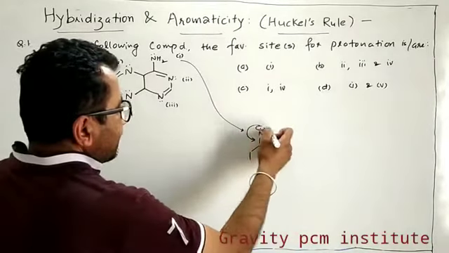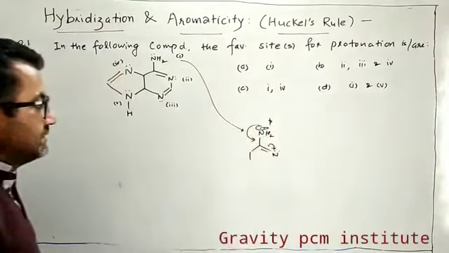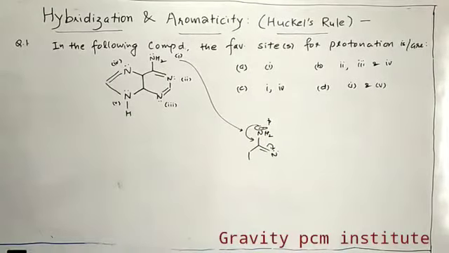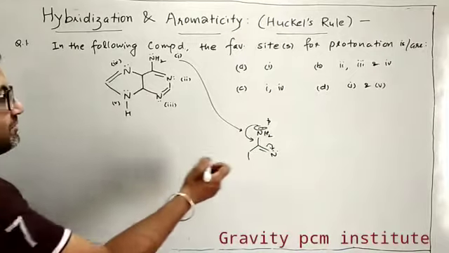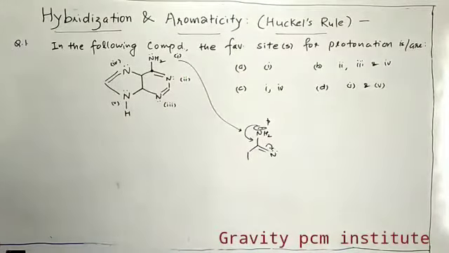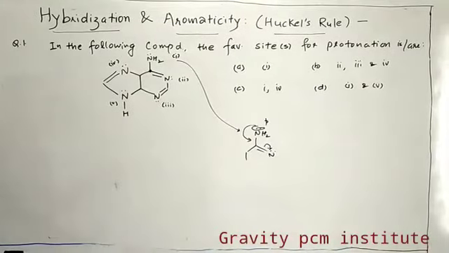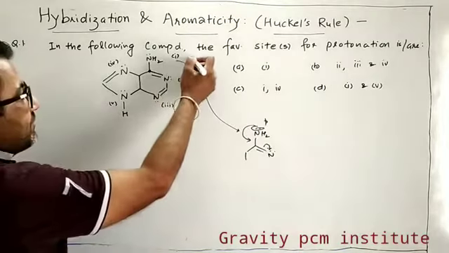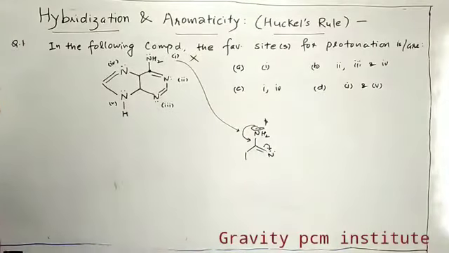It means this pair of electrons is present in a p orbital. Moreover, this nitrogen is sp2 hybridized. Why is it sp2 hybridized? Because it is attached to an sp2 hybridized carbon atom. So it has a lone pair, so it is sp2 hybridized, but its lone pair of electrons is present in p. It means number 1 is not a favorable site for protonation.